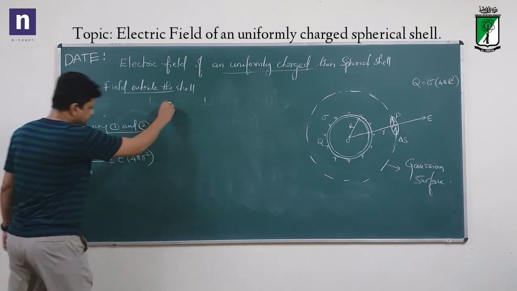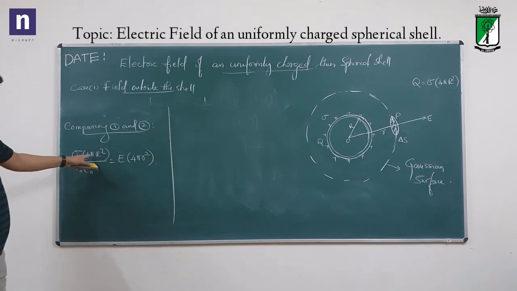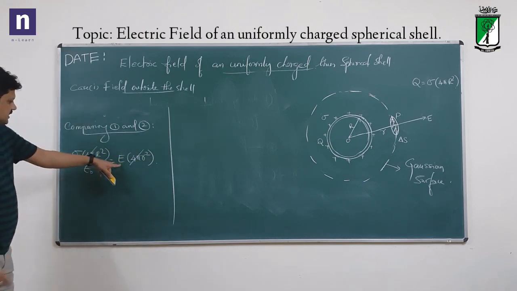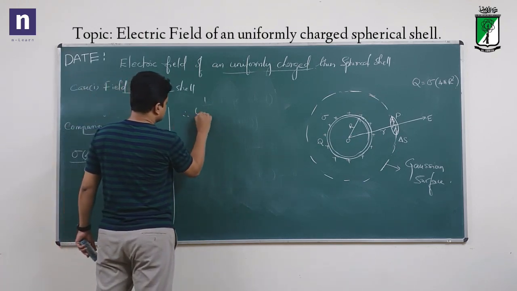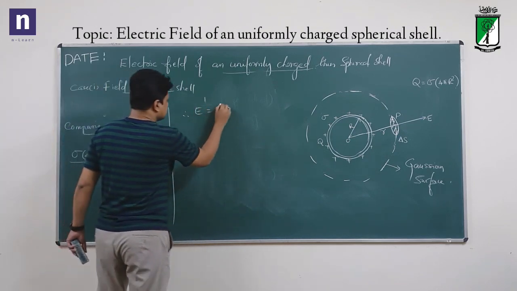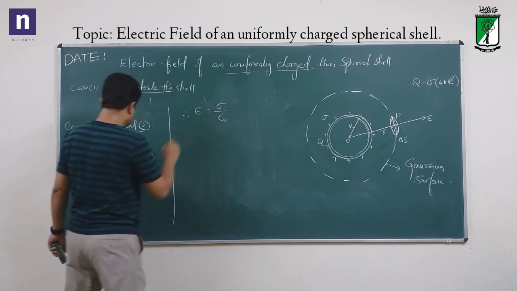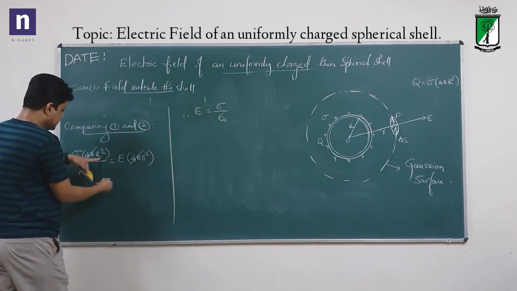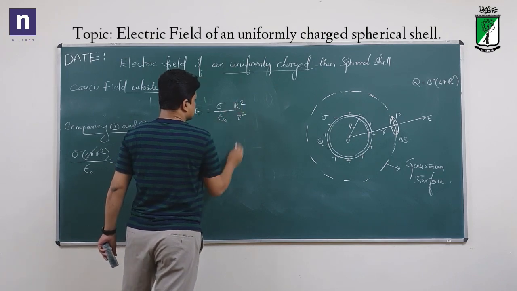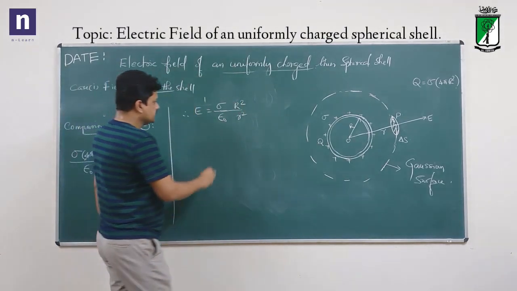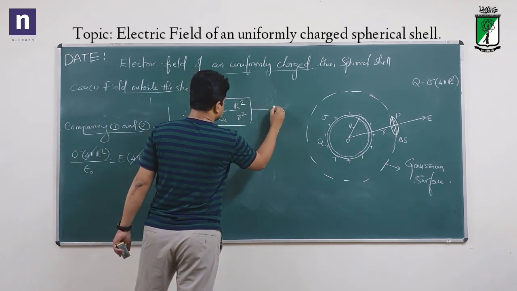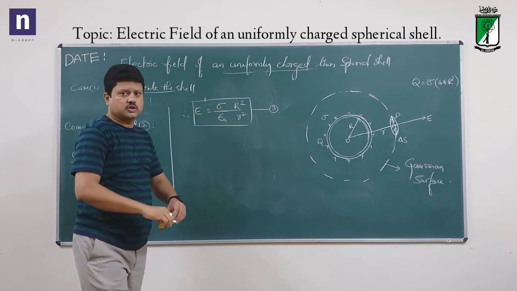Now from this, of course, 4 pi cancels, and therefore E is equal to sigma by epsilon naught times capital R square by small r square. I hope you understood this. So this is the electric field at a point P.